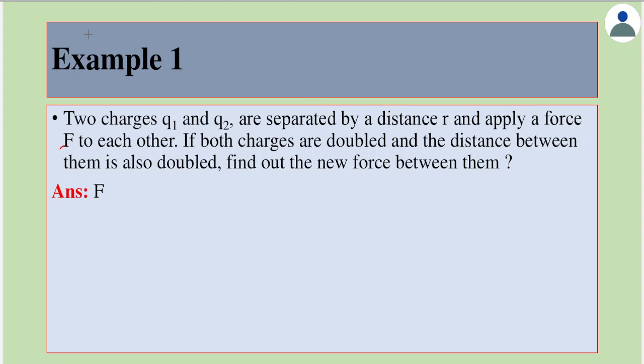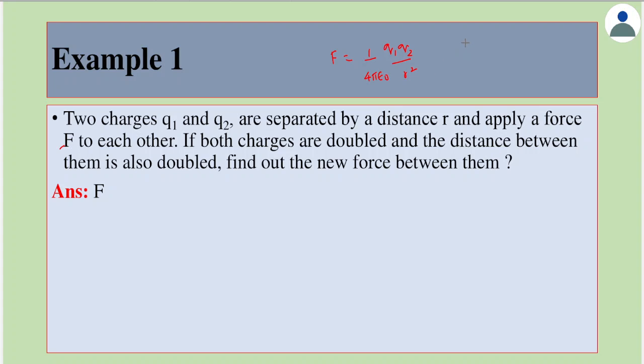We know that the force between two charges is given as 1 by 4 pi epsilon naught Q1 Q2 by r square. Keep in mind that here Q1 and Q2 mean only the charges' magnitude, not with their signs.